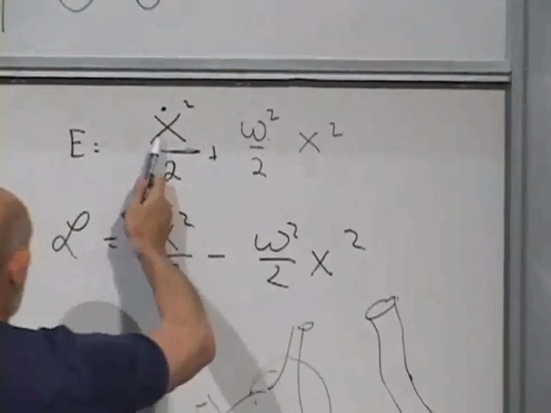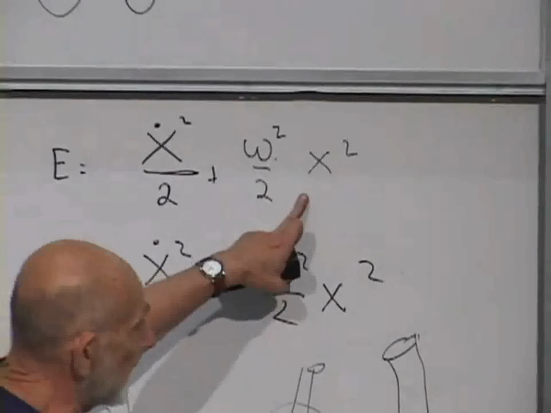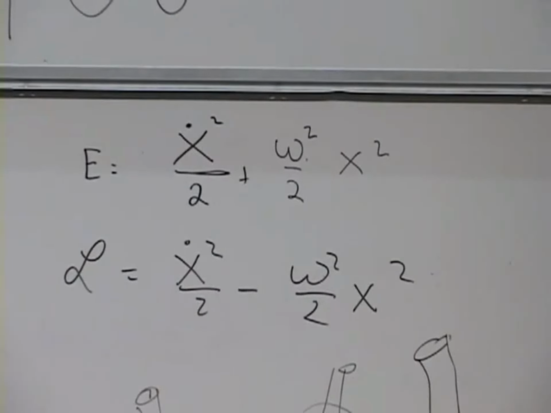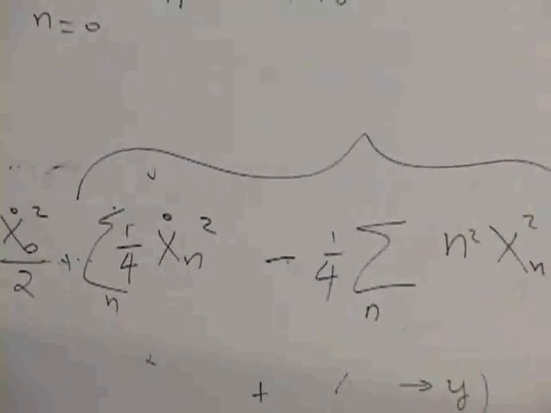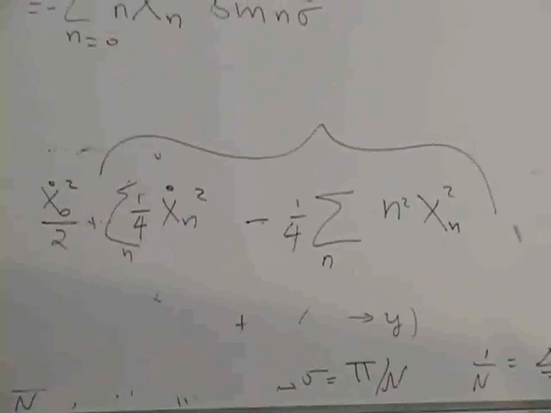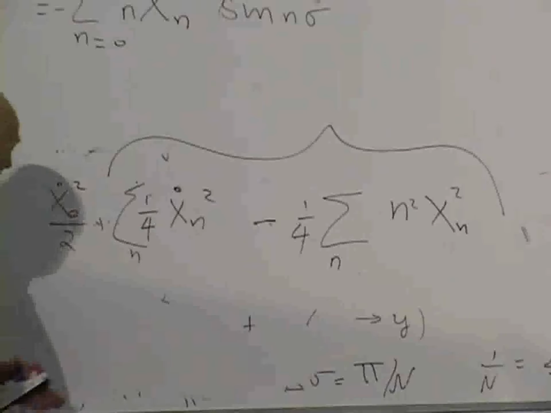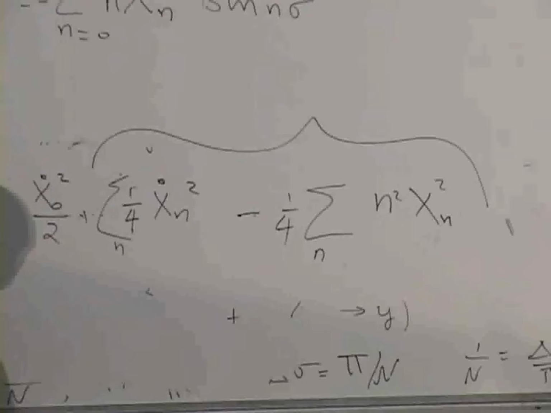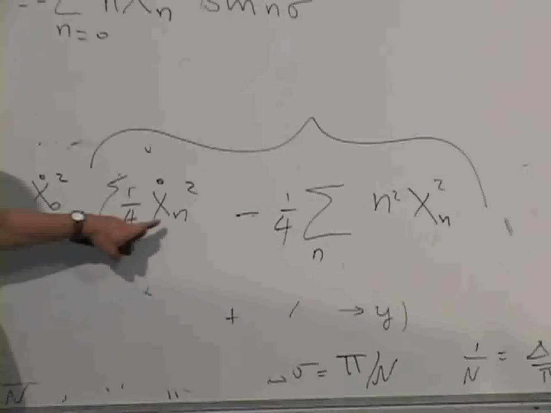The energy of a harmonic oscillator has an x dot squared and an x squared. Evidently, for each n, the Lagrangian is the Lagrangian of a harmonic oscillator, for each n.